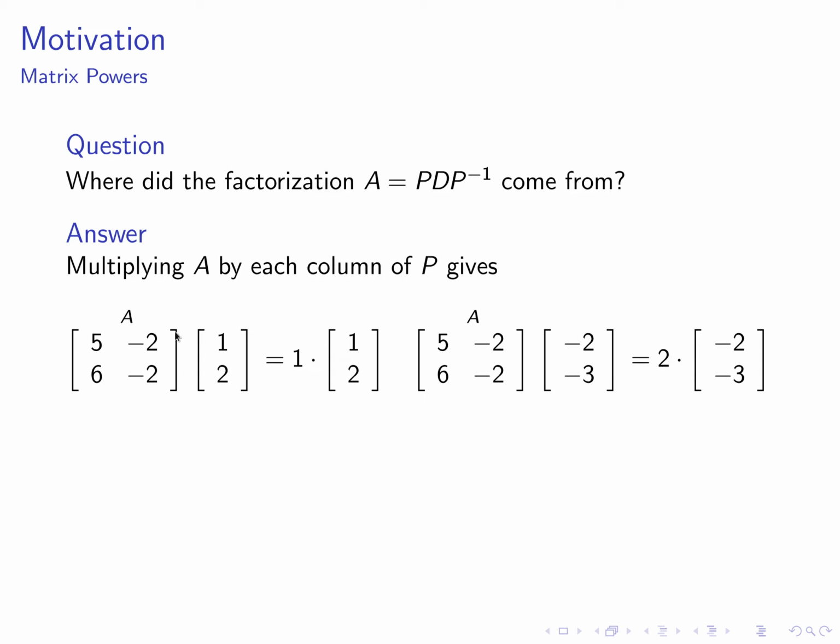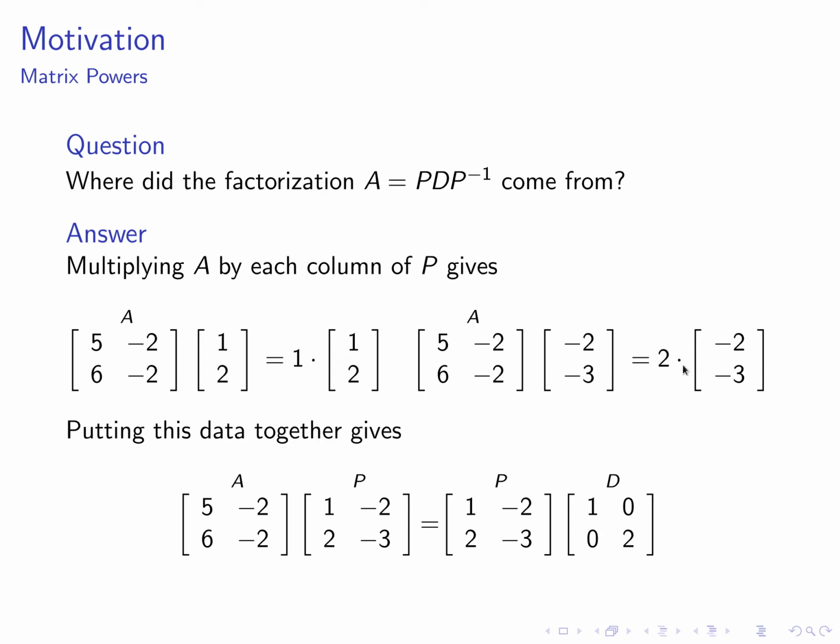So it looks like what's happening here is that the first column of P is an eigenvector of A, whose corresponding eigenvalue is 1. And it looks like the second column of P is an eigenvector of A, whose corresponding eigenvalue is lambda equals 2.